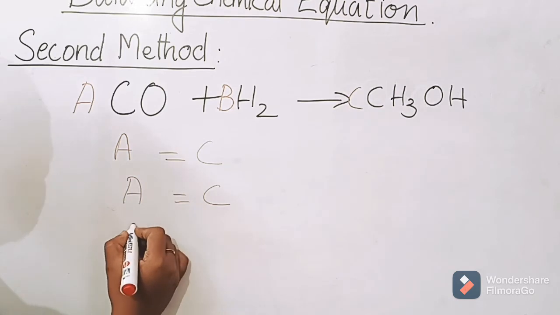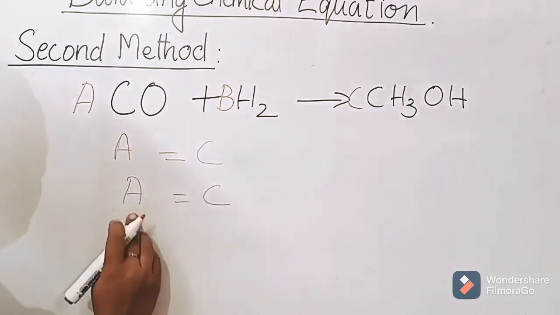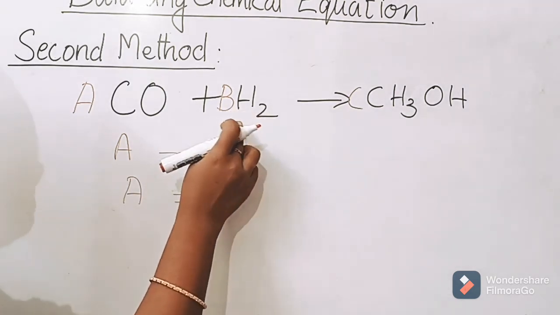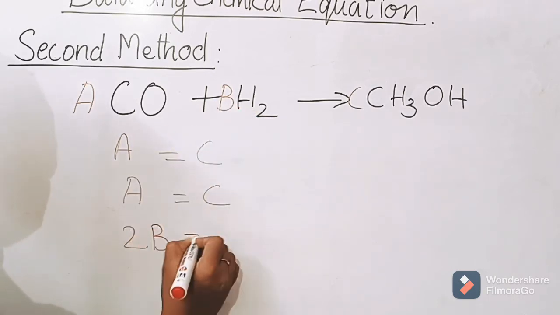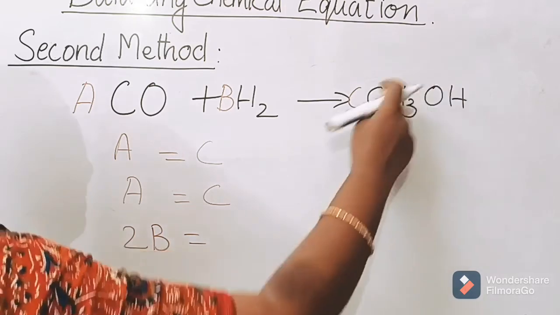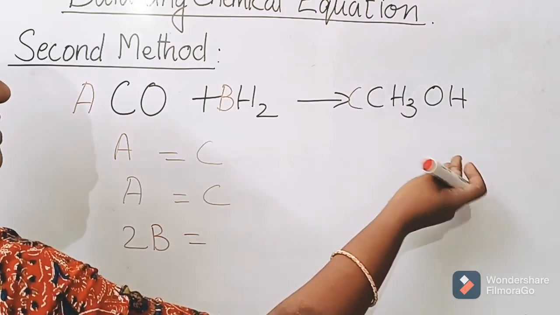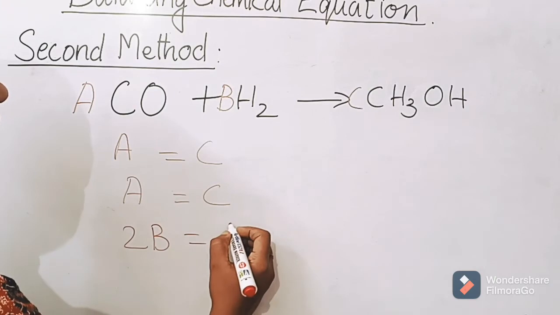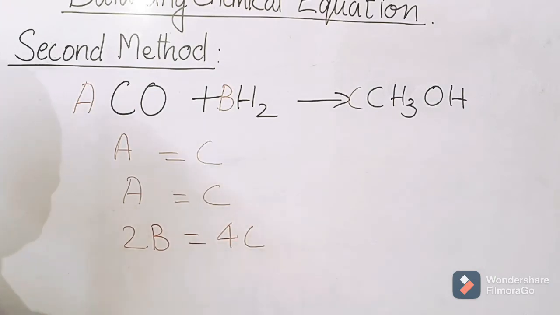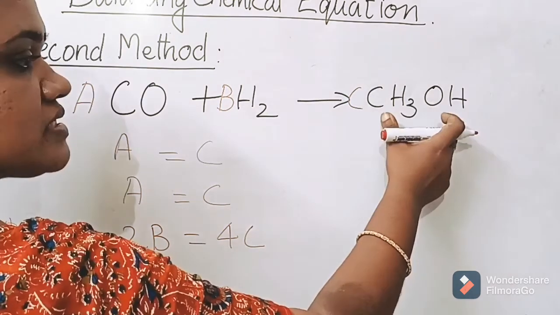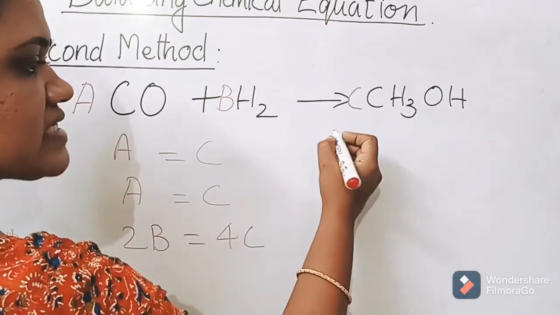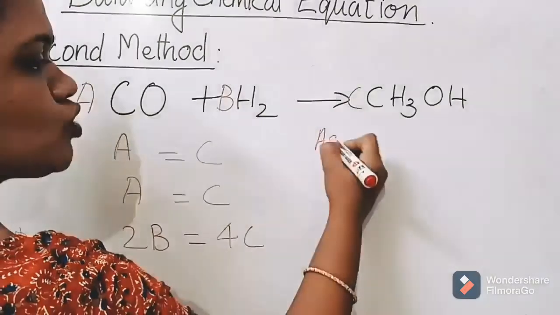Now, about the hydrogen atom, there are two hydrogen atoms in the reactant side. So 2 into B is 2B, which is equal to how many hydrogen atoms in the product side? 4, isn't it? So 4C. Now, let us assume the value of C as 1.